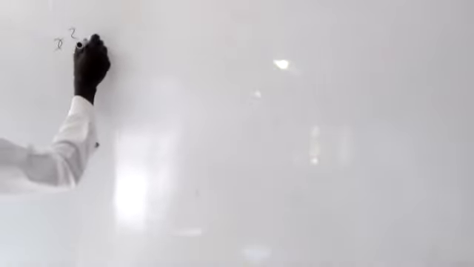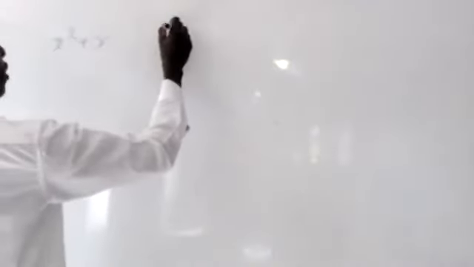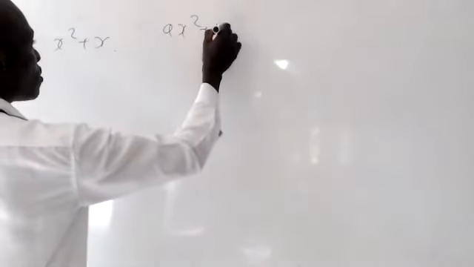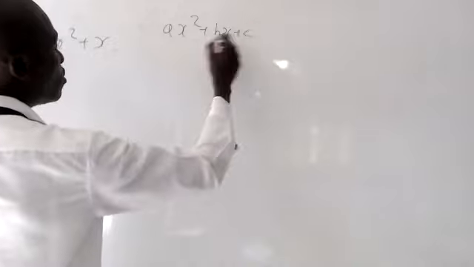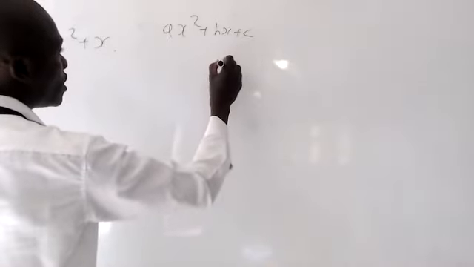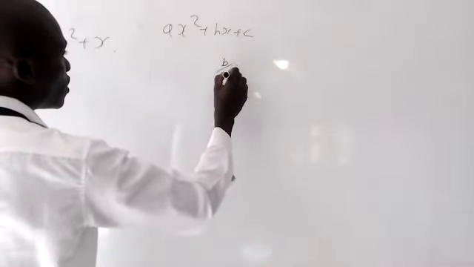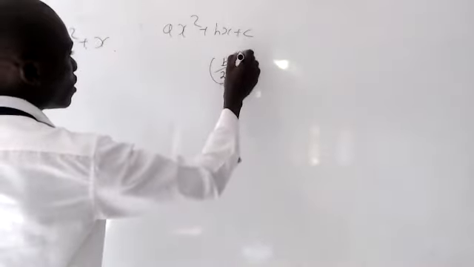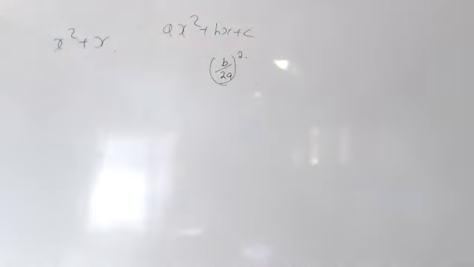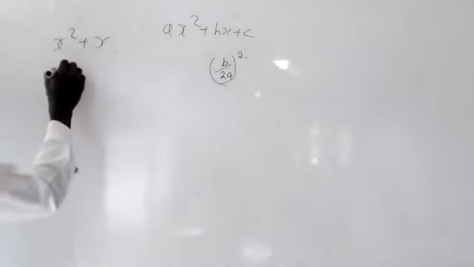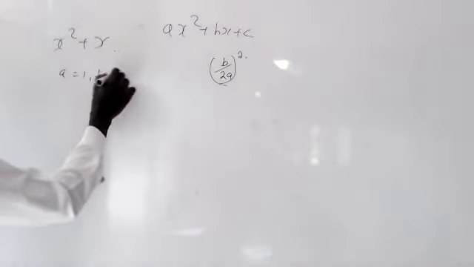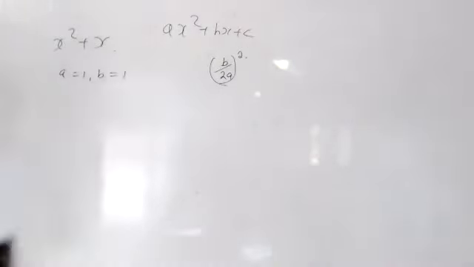Okay, what's the last question? It says complete the square x squared plus x. In general, when you're given x squared plus bx plus c, to complete the square, simply add b divided by 2a, squared. In this case, a is 1, b is 1, where a is the coefficient of x squared and b the coefficient of x.